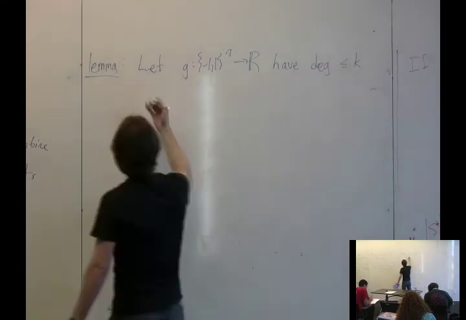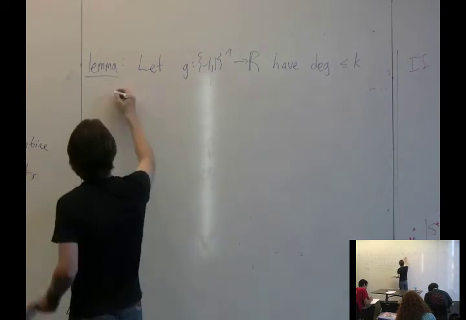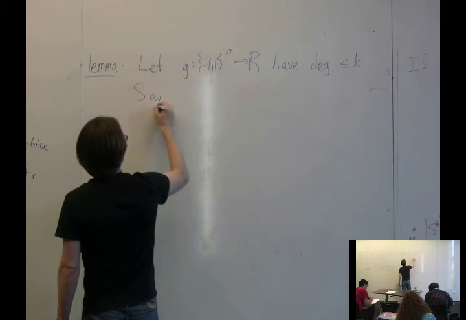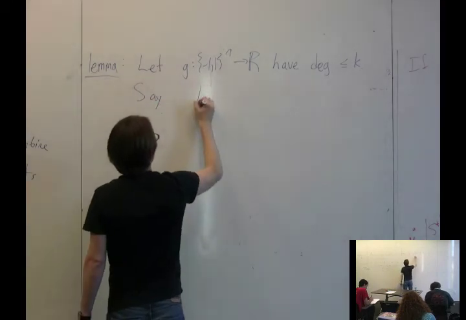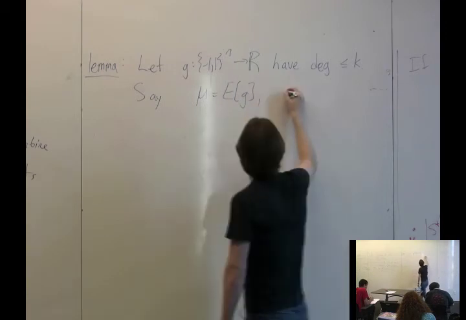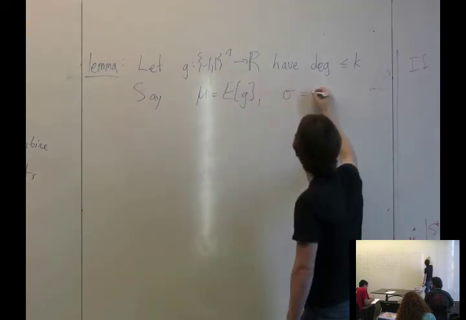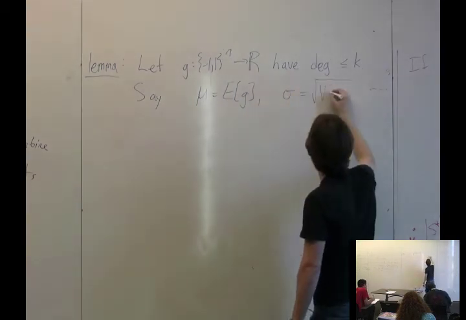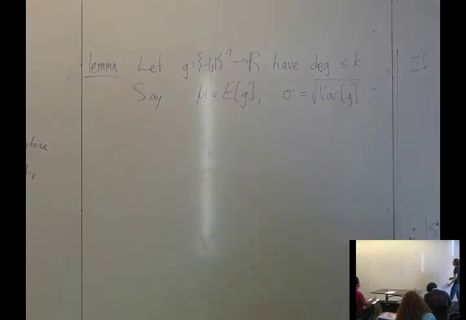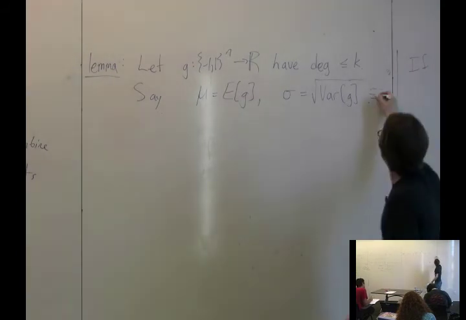And you can think of g of x as a random variable, a 9 to the k reasonable random variable. And it has some mean, which we'll call mu. And it has some variance. Well, let's say it has some standard deviation, which we'll call sigma. And let's assume this is non-zero, so it's not a constant.